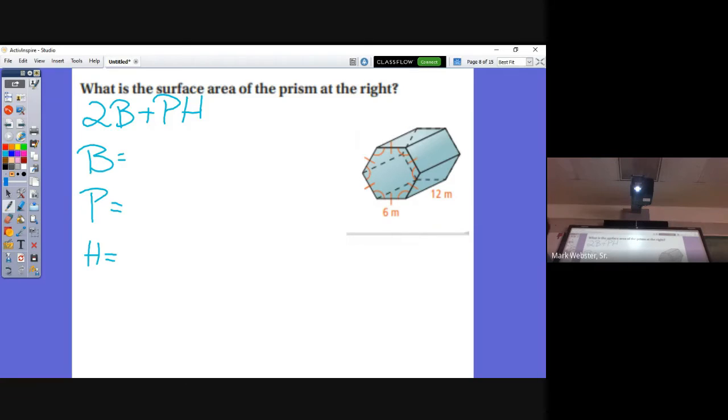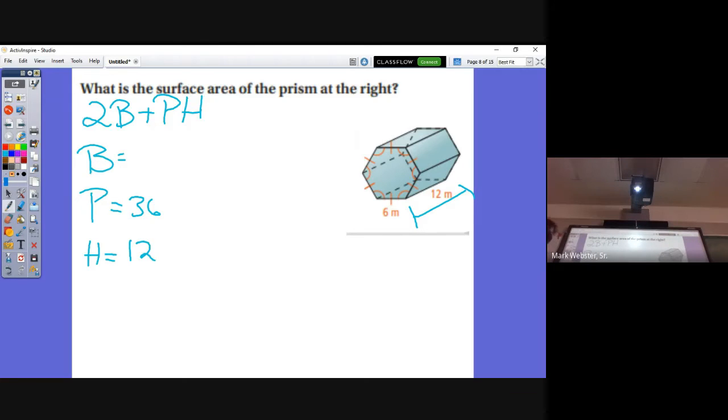Let's save that till the end, right? Perimeter. We know perimeter is really easy because we know all the sides are 6, and there's 6 of them, so this has to be 36. The height is the distance from the one base to the other base. We know that's 12, right?